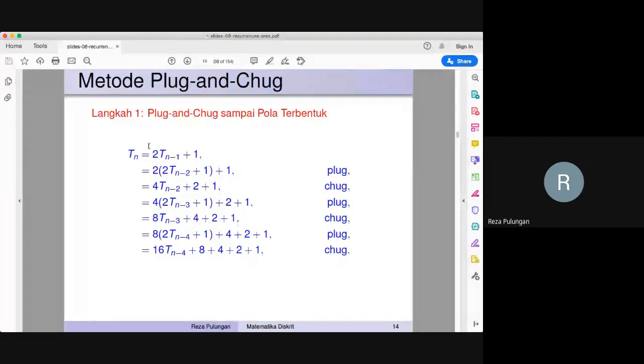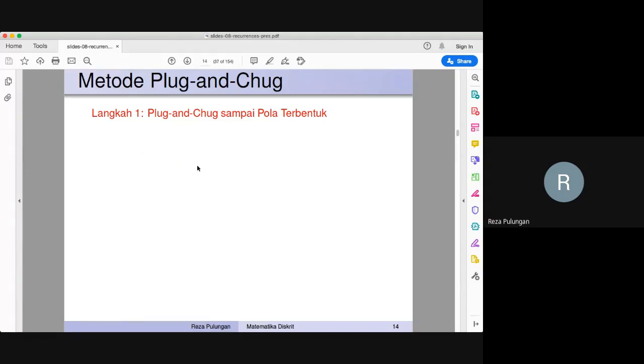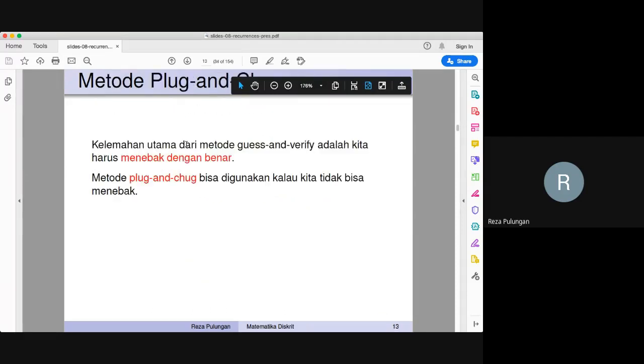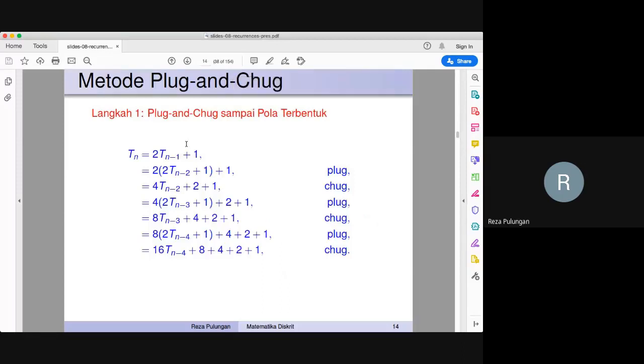In the beginning, we have the original, you take the main recurrence. Tn is equal to 2 Tn minus 1 plus 1. This one is called the boundary condition. So take the main recurrence, Tn is equal to 2 Tn minus 1 plus 1.